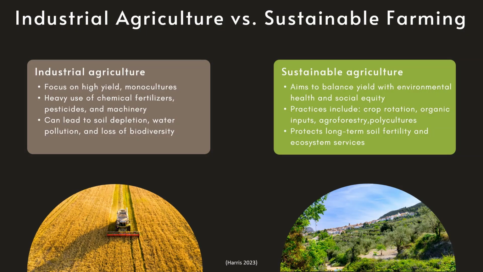In practice, it means building healthier soil rather than substituting for it, matching crops and practices to local conditions, and treating natural services like pollinators, biological pest controls, and nutrient cycling as an asset. The payoff is resilience. Fields that bounce back from drought, floods, and market shifts because their foundation is stronger.